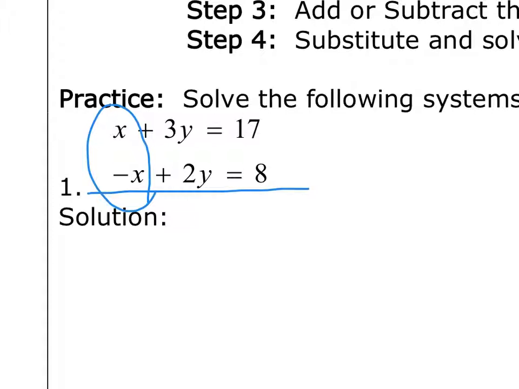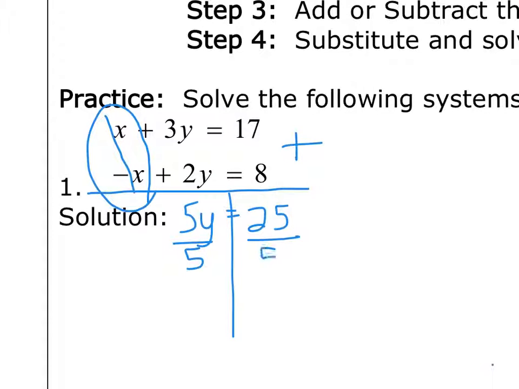So plus x minus x, those guys cancel out immediately. That leaves me with 3y plus 2y is 5y. I'm just adding this whole thing together. And 17 plus 8 is 25. Now I just have to solve this for y. So I'm going to draw my line down the middle and divide both sides by 5. And I know very quickly that y equals 5.